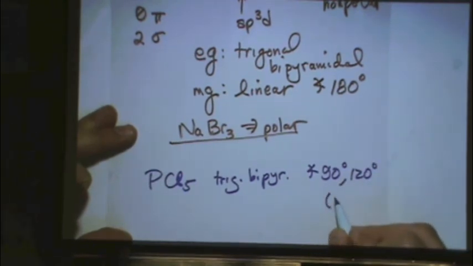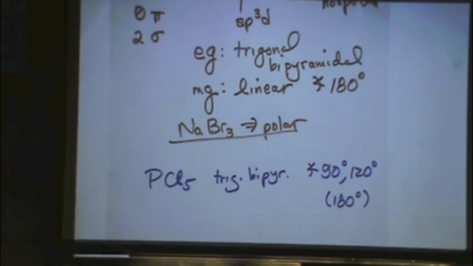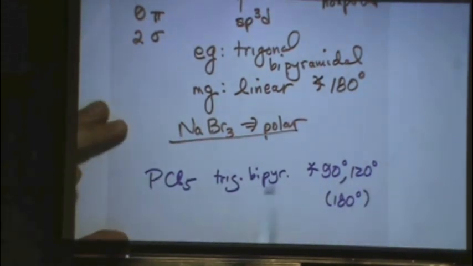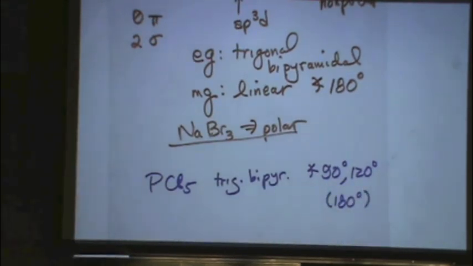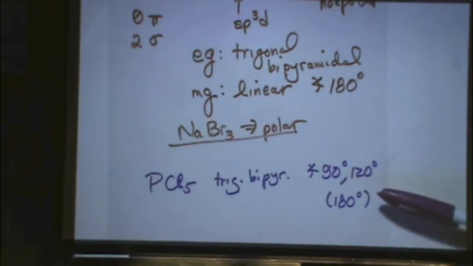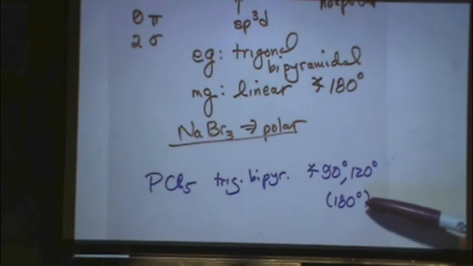Some people additionally report 180, but I don't personally require that one. So in this kind of trigonal bipyramidal, you need to report all angles. All minimum angles. Like, you don't need to write 360 or 270. Then for the same reason, you don't have to put 180, but you can if you want.